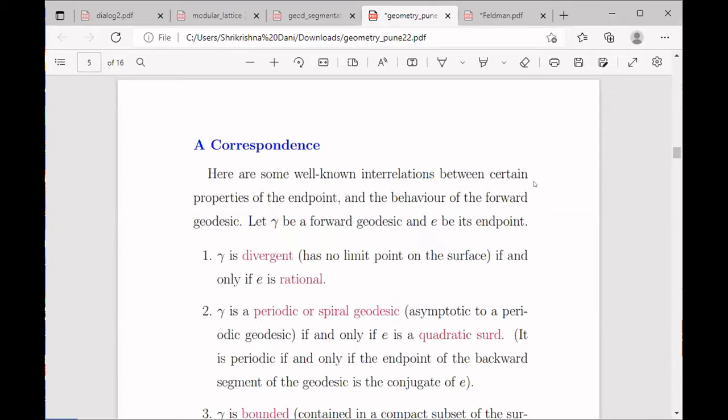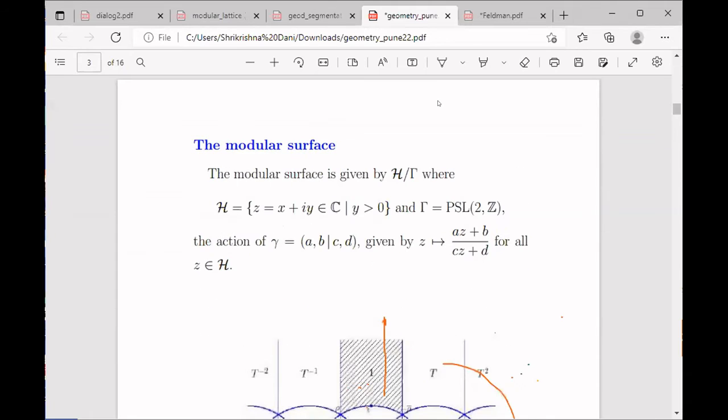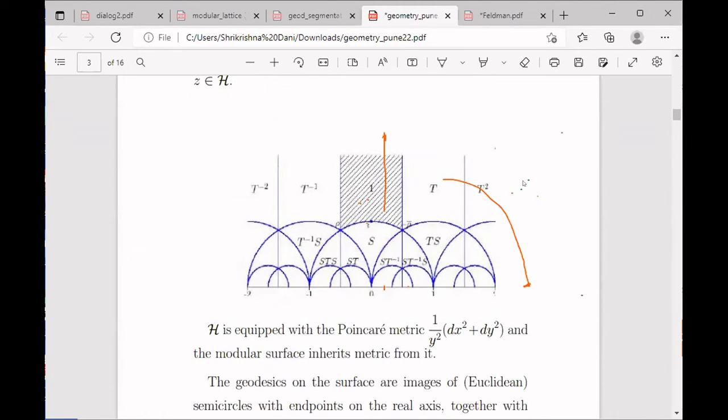Now, if you have a forward geodesic which is asymptotic to that, let's say this is a periodic geodesic, but I have another one reaching the same endpoint, which means that the distance between the corresponding points is going to infinity.